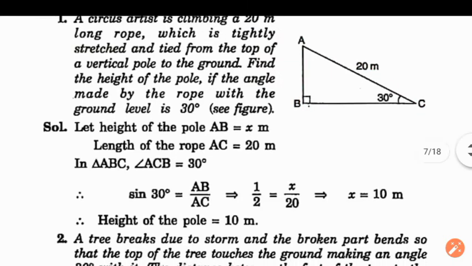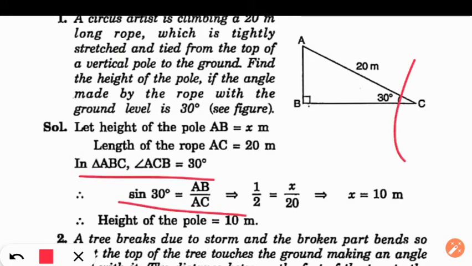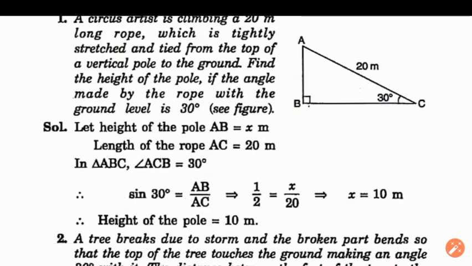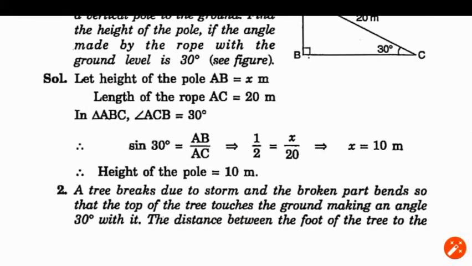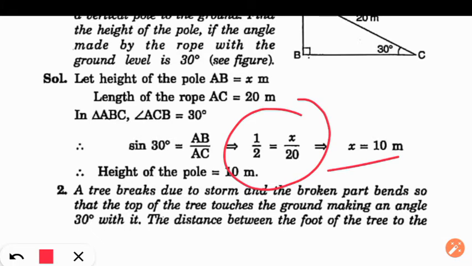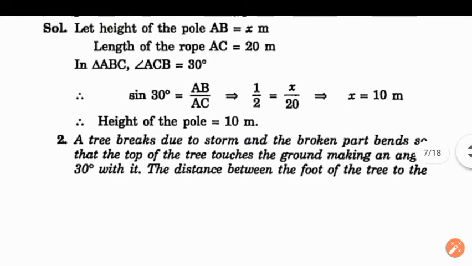So, if we use sine, the sine of angle ACB, or sine of 30 degrees, is AB by AC, perpendicular divided by hypotenuse, and we know from the chapter of standard angles that sine 30 degrees is half. So, 1 by 2 is equal to x by 20, and with the help of this equation x is 10 meters. So, see how trigonometry is used to find the height of the pole. So, the height of the pole is 10 meters. So, let us do the next sum.